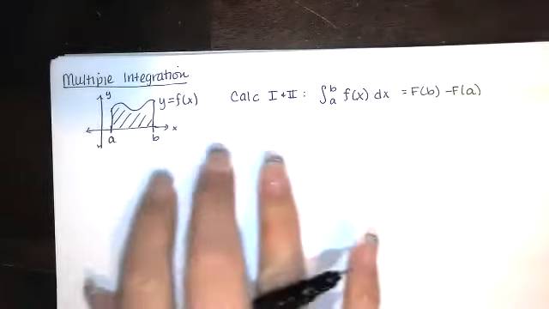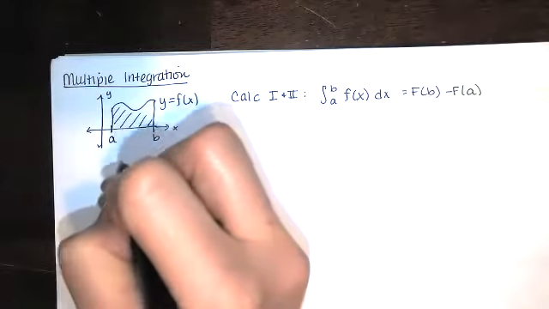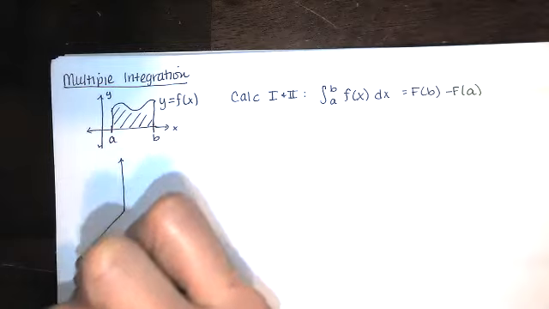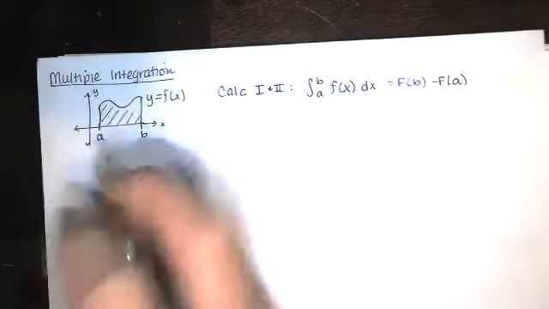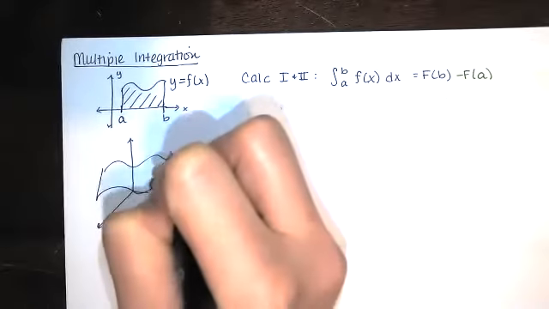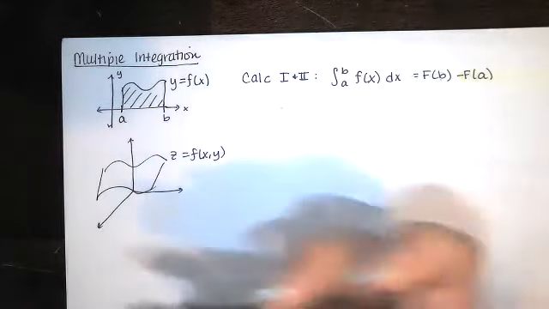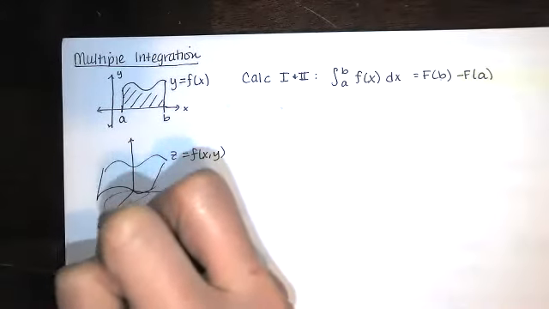And then we said, okay, let's think about this differently. Rather than finding area under a curve, let's find volume under a surface. And so we had z equals f of x, y here. And maybe we had some region in the xy plane down here.